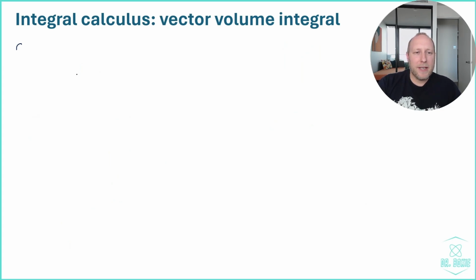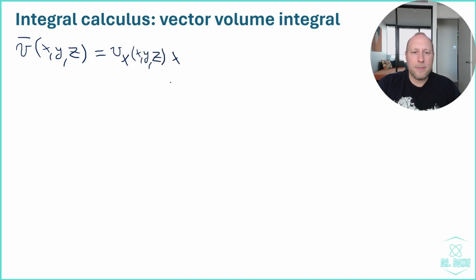So if we consider a vector field v, which is a function of x, y, and z, we can represent it as its x component, which is also a function of x, y, and z, times x hat, plus similarly vy, which is a function of x, y, and z, times y hat, plus vz of x, y, and z, times z hat.